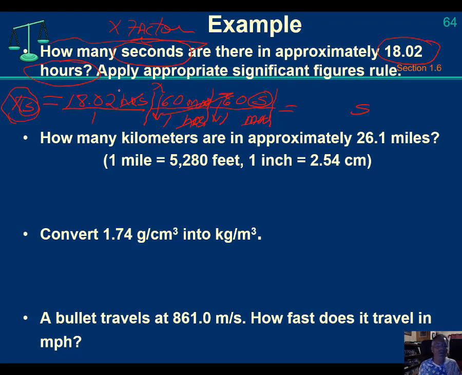So if you remember your significant figures rules from the last video, we have 1, 2, 3, 4 significant figures. So we're going to want 4 significant figures in our answer. So I plug this in my calculator and I come up with 64,872 seconds.